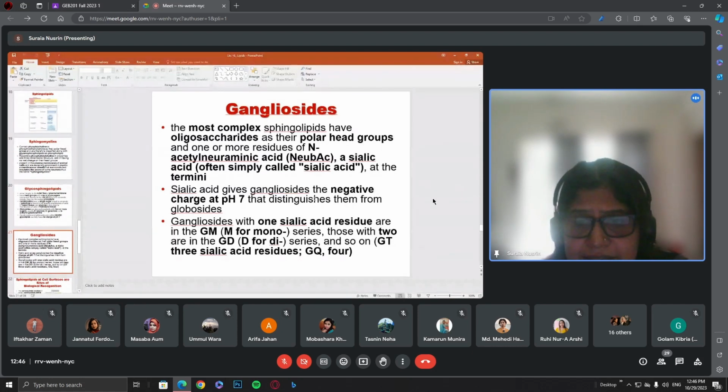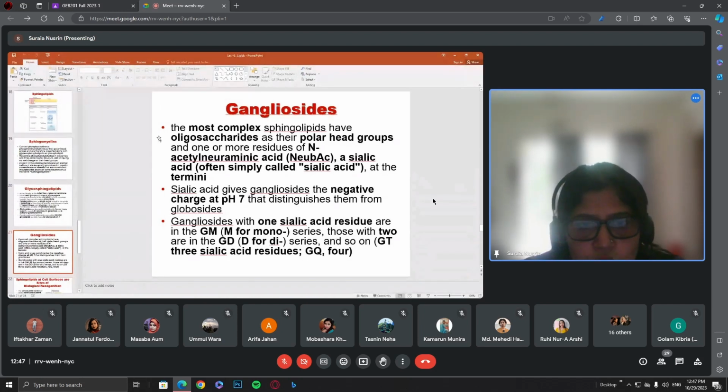An example of such an oligosaccharide is N-acetyl neuraminic acid, sialic acid, which we have already learned under the glycolipids, if you remember, and that residue is present at the terminal end of the glycolipids.